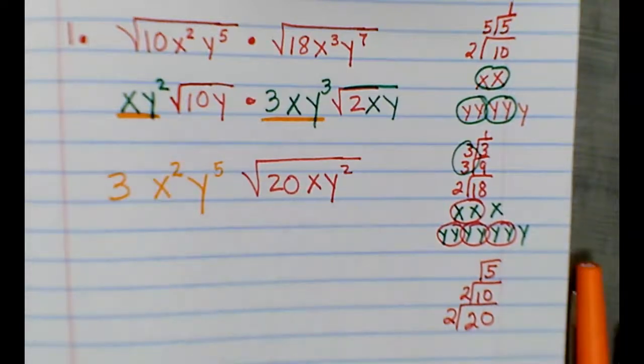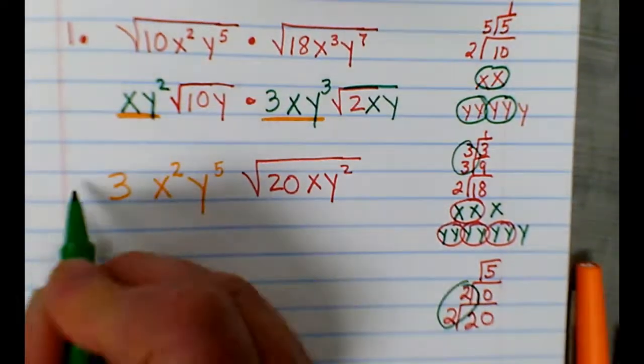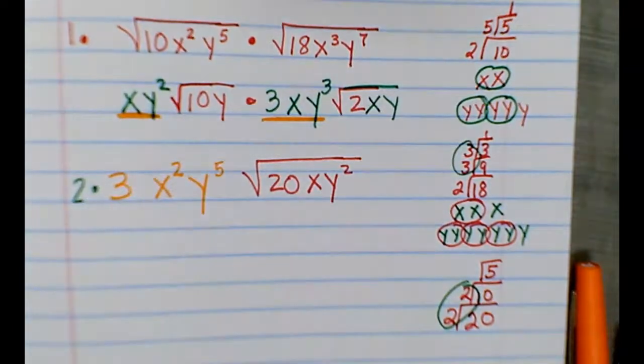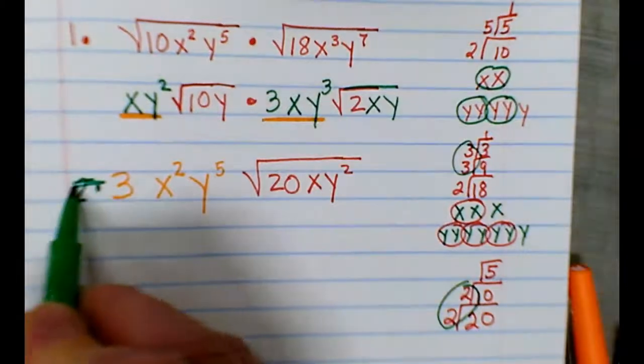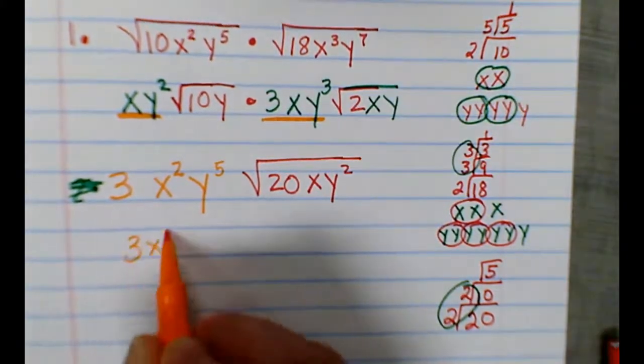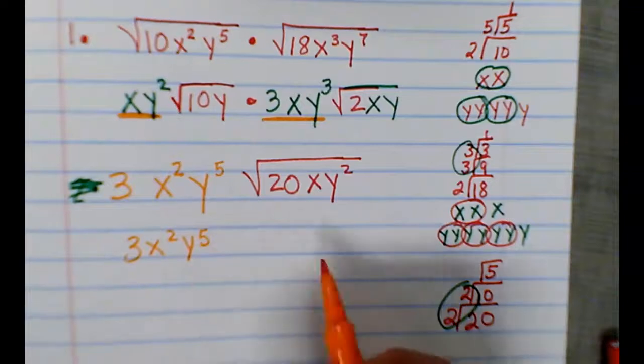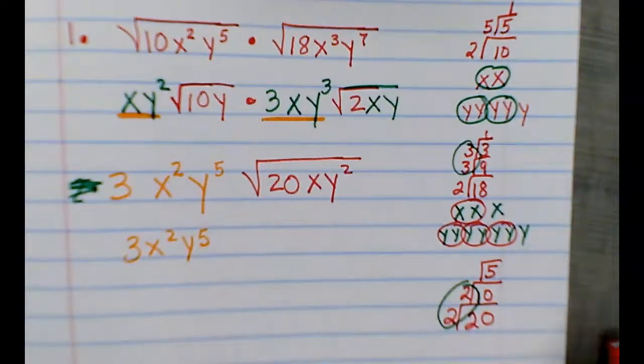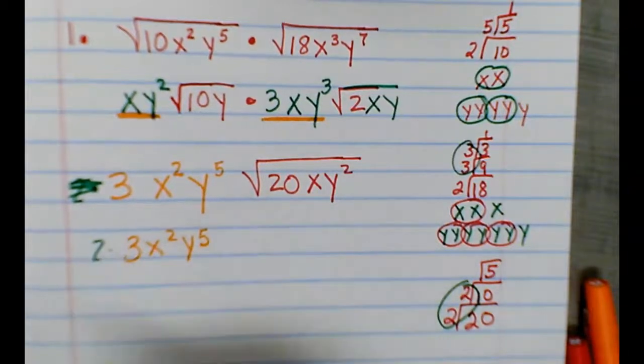3x squared y to the 5th. The 20 has a pair of 2's, that should come out in front here.